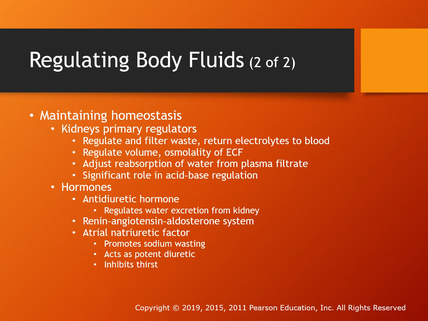When serum osmolality rises, ADH is produced, causing the collecting ducts to become more permeable to water. This increased permeability allows more water to be reabsorbed into the blood. As more water is reabsorbed, urine output falls and serum osmolality decreases because the water dilutes body fluids.